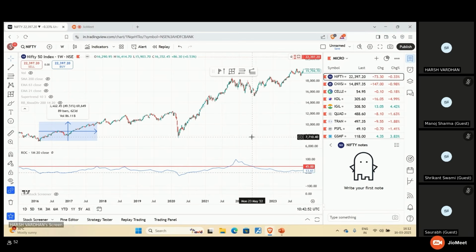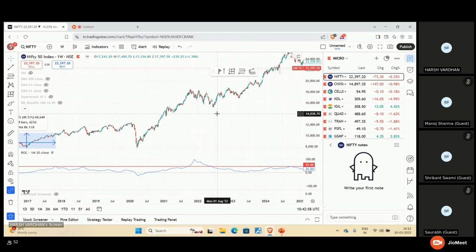So the ROC indicator will work only on index, not on stocks. This is only for finding market top and bottom, euphoria and panic. It is a strategy used to switch your cash positions. For example, when to be 100% cash, when to be 50% cash, when to be 100% invested.